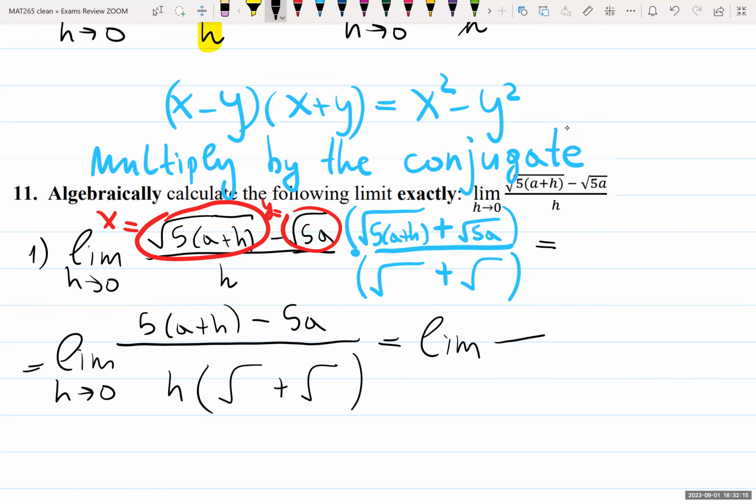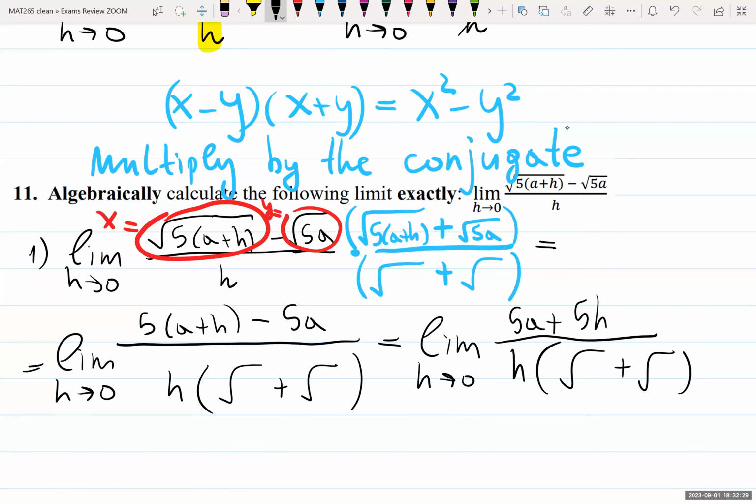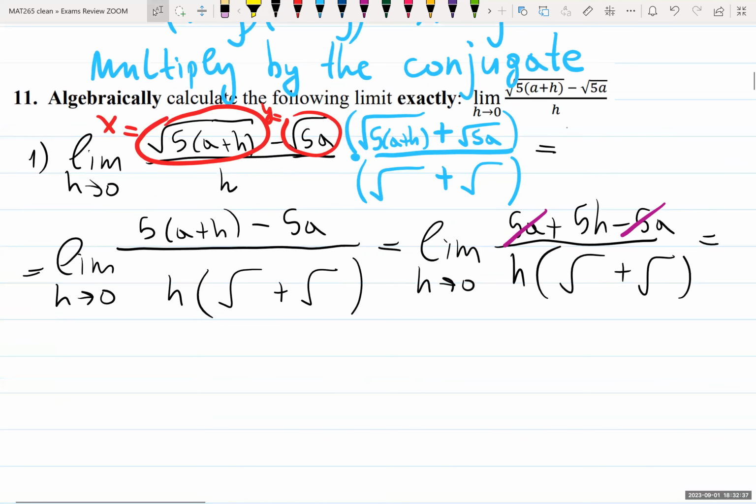So limit of this whole thing, h times square root plus square root. Again, we don't use it yet, so I'm just going to keep writing it. We have 5a plus 5h minus 5a. Cancel out. Why is this amazing? Because now h will go away. And we already know that h was a troublemaker, the bad guy that was making the denominator 0.